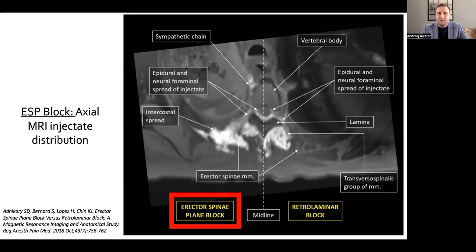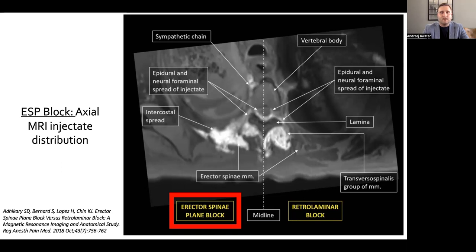Many would think that just injecting posteriorly over the transverse process would just cover the posterior thoracic cavity, which would be useful for spine surgeries, but there have been many reports and studies showing that erector spinae plane blocks provide benefit for anterior lateral analgesia of the chest wall. And so the proposed theory is that that local anesthetic does spread into this paravertebral and neuraxial spaces in order to provide that coverage.